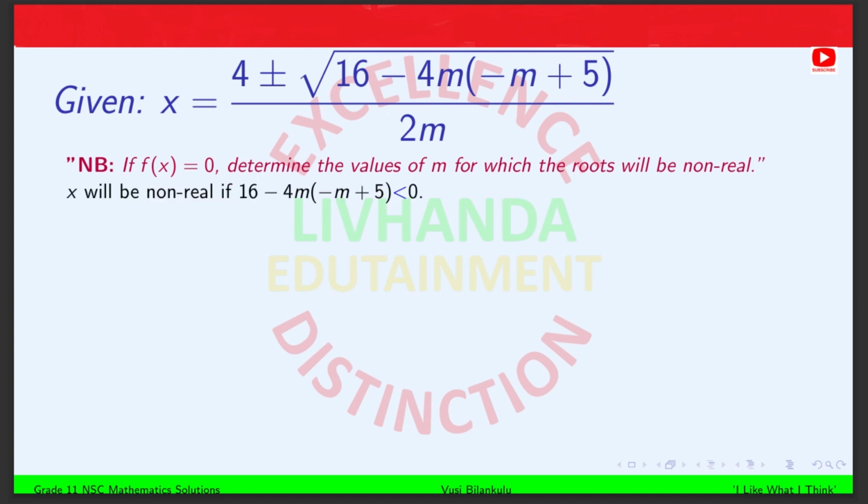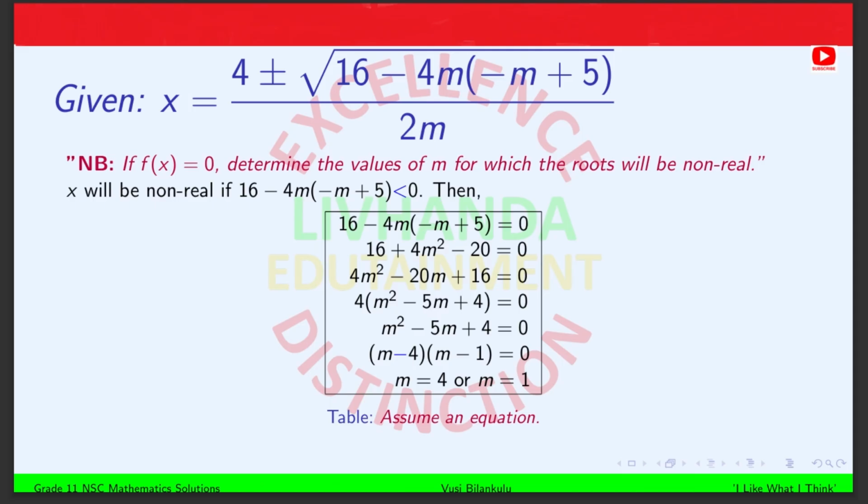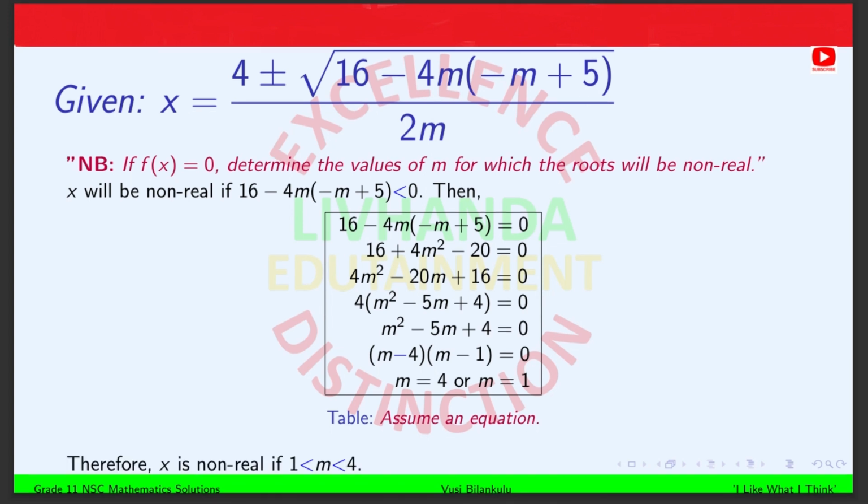That is, x will be non-real when 16 minus a product of 4m times negative m plus 5 is less than 0. To obtain critical values of m that satisfy this condition, assume equality. The equation will simplify as shown on the slide to m squared minus 5m plus 4 equals 0. Then, critical values are m equals 4 or m equals 1. Therefore, x will be non-real if 1 is less than m and m is less than 4.